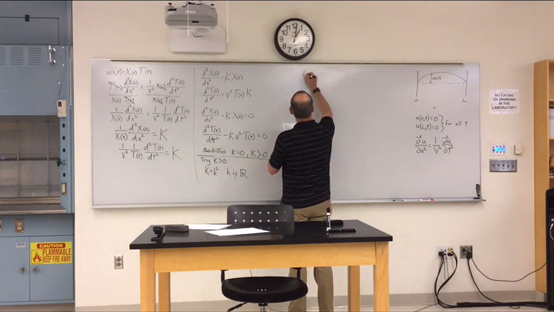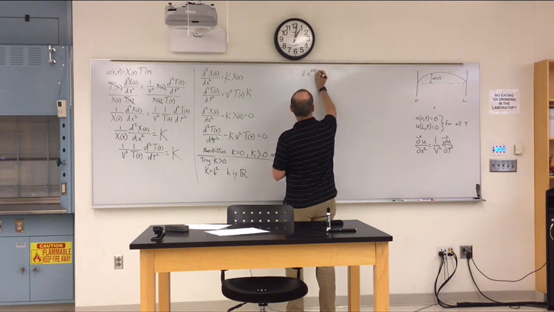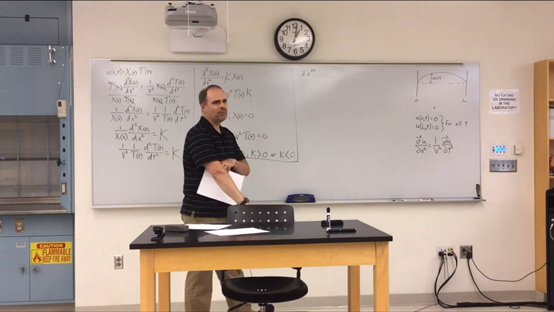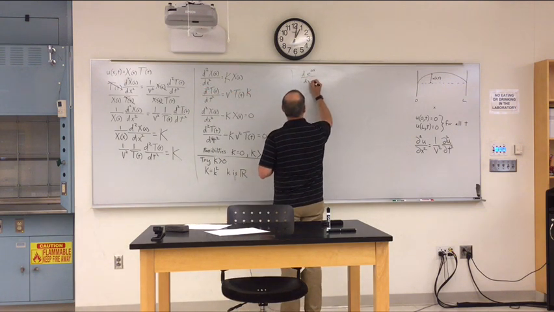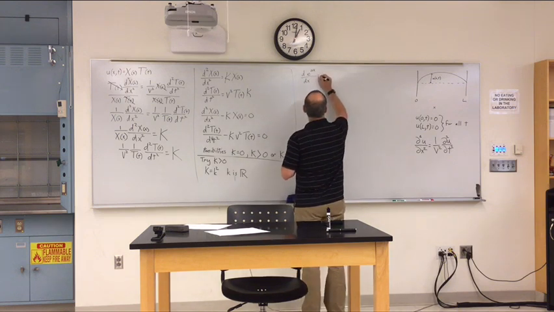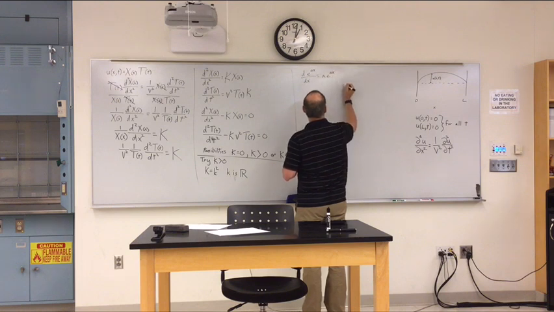So if we take the derivative of e, we're going to call it ax because there might be some constant times our x value. Taking the first derivative of that would be a e to the ax.